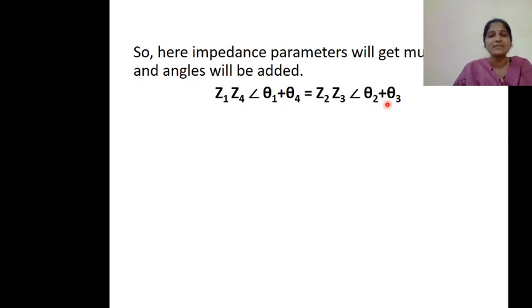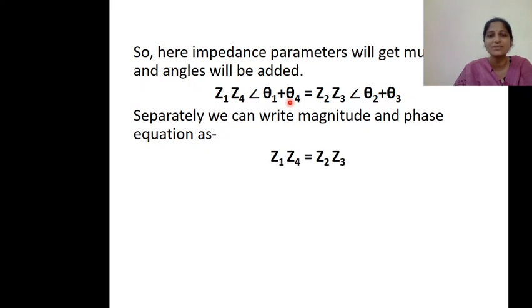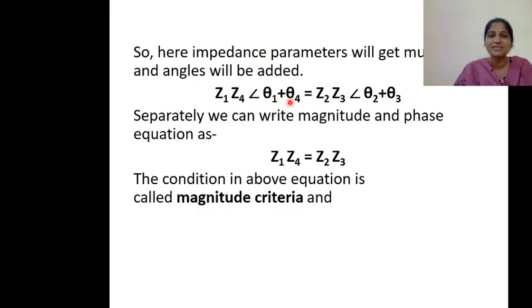That means for a bridge to be balanced, you need to balance the magnitudes and also the phase angles. That means Z1 Z4 is equal to Z2 Z3, and theta 1 plus theta 4 is equal to theta 2 plus theta 3. This is the condition for magnitude, and the phase angle criteria is theta 1 plus theta 4 is equal to theta 2 plus theta 3.